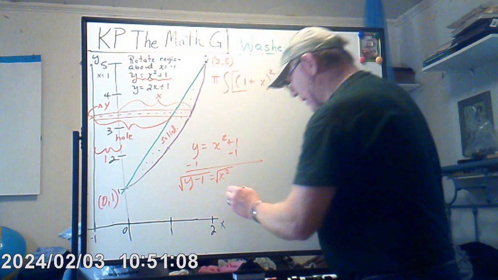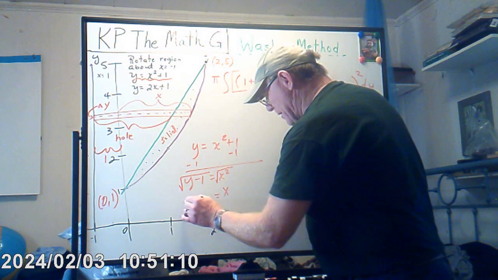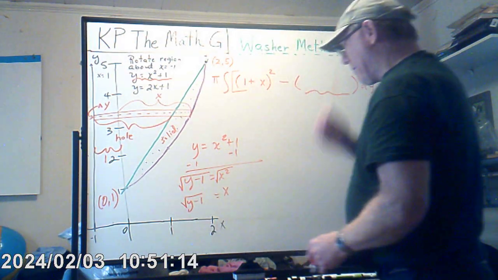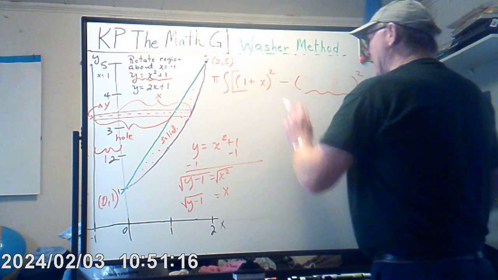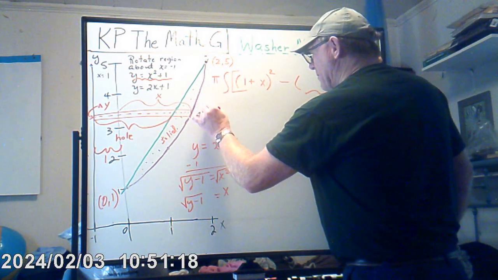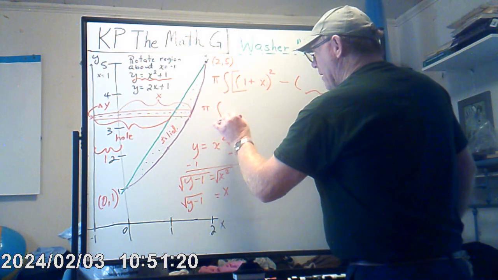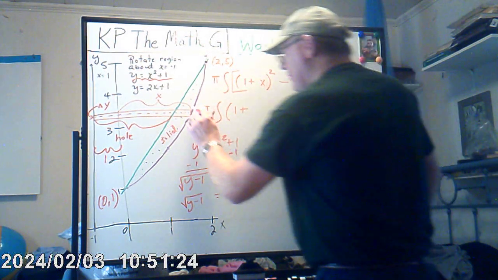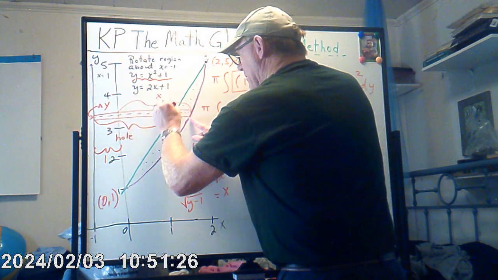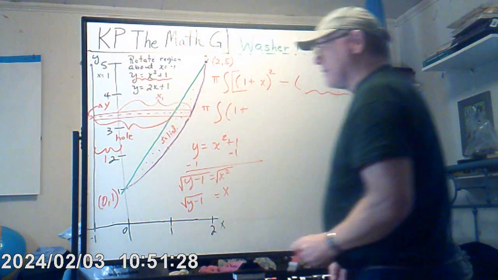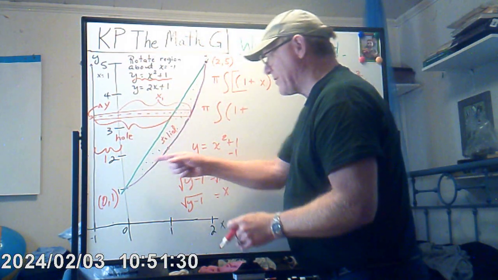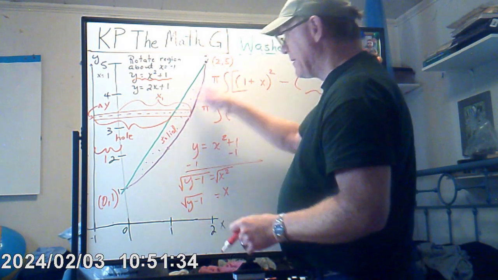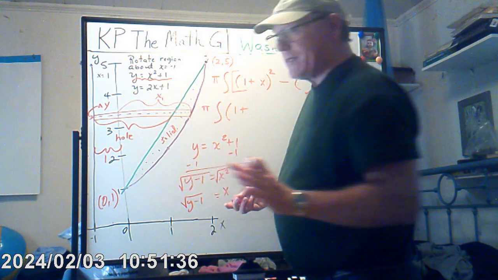So x is equal to the square root of y minus 1. Now remember, I'm adding 1 to that. So in this case, I'm coming over here. Now this is 1 plus this x right here. We might want to call this x of 1 because there is an x of 2 as well. The green line would be x of 2, which we'll look at in just a moment.